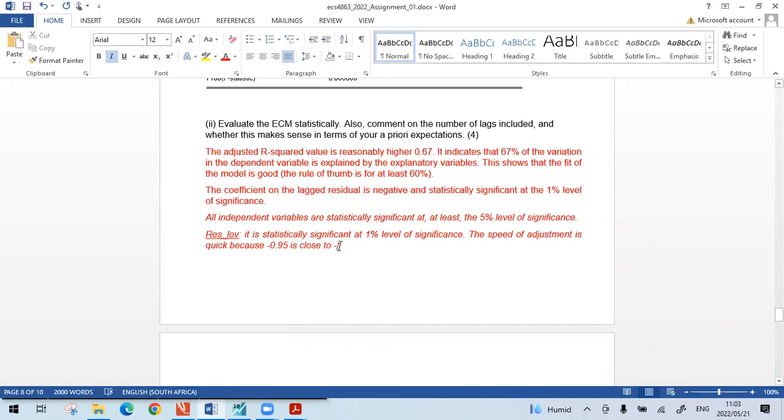Not everyone will write it like this, right? Maybe the other person would say, people are different, about 95% of the shock.